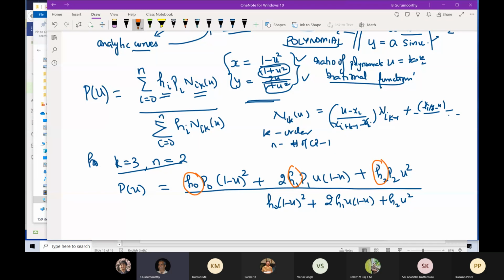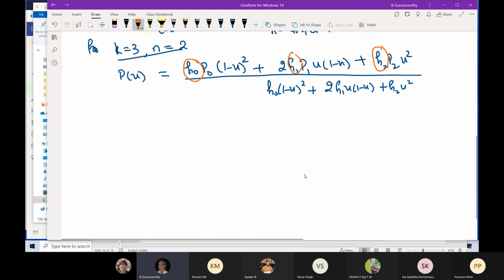Right? Now how do we solve for this? Let me just move this down a little bit, create some space. What I will do right now is rewrite the same expression with the points in the x and y coordinates written in.